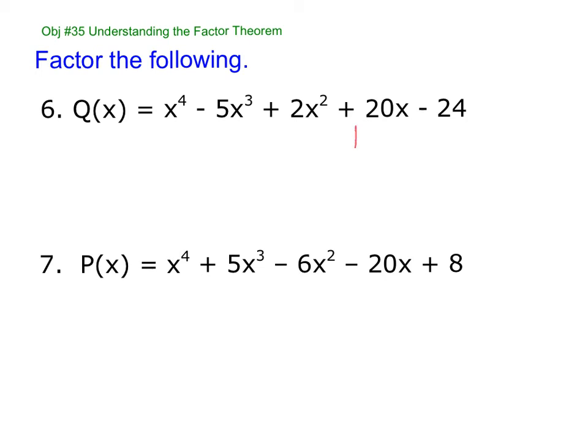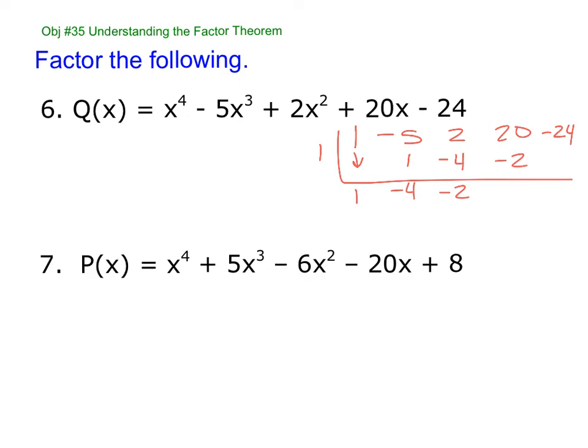So I've got 1, -5, 2, 20, and -24. And 24 has a lot of factors, but again, I always just start with 1 and hope for the best. -4, -2, 18, so that doesn't work.